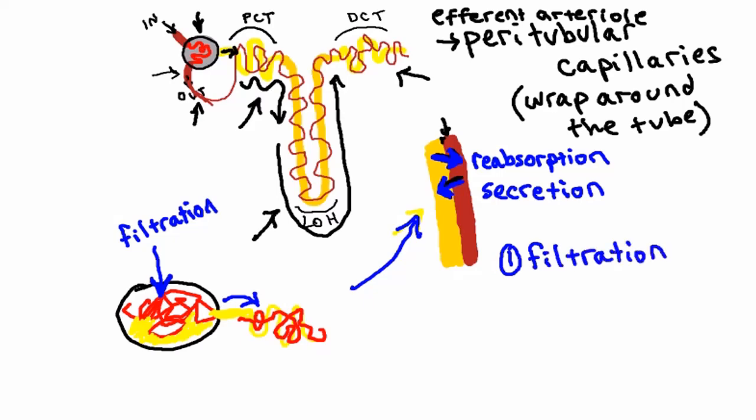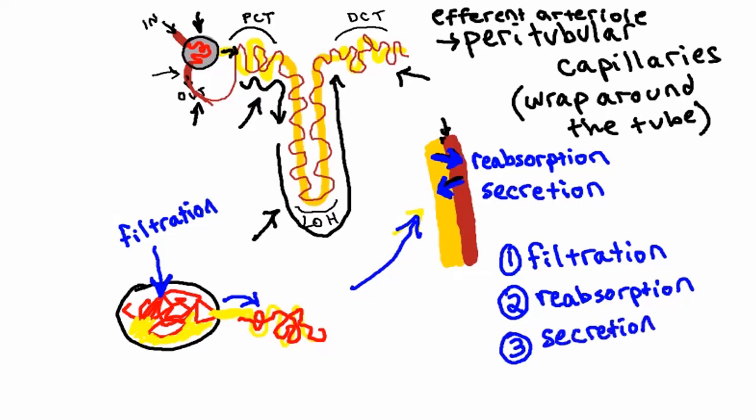Filtration, which happens in the renal corpuscle with the Bowman's capsule and the glomerulus, and then reabsorption, and that's in the proximal convoluted tubule and part of the loop of Henle. And then in the last half of the loop of Henle and the distal convoluted tubule, there is secretion, where the capillaries squeeze the filtrate back into the tube as urine.